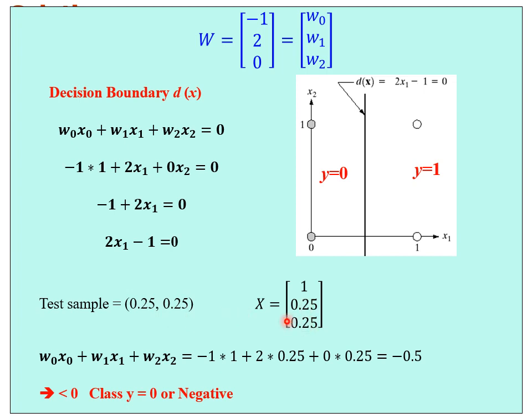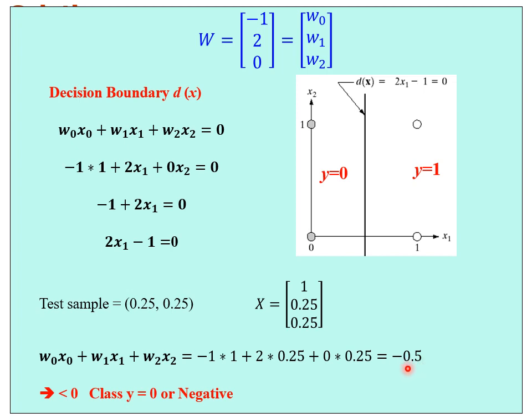So our feature vector becomes capital X equal to 1, 0.25, 0.25. Now we know the weight vector for our model, and we have the values for x0, x1, x2 from the test sample. Substituting all those values in our expression w0 x0 plus w1 x1 plus w2 x2, we compute the value, that is minus 0.5.